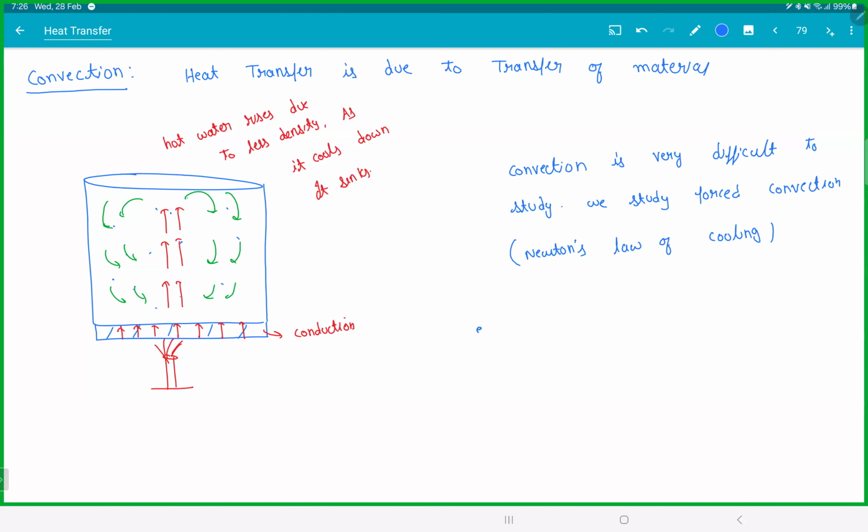For example, anytime you drink hot tea or hot coffee, you blow air, right? That's forced convection. If you're blowing wind, the wind blows to cool it down. This is forced convection. You're forcing the system to cool down.